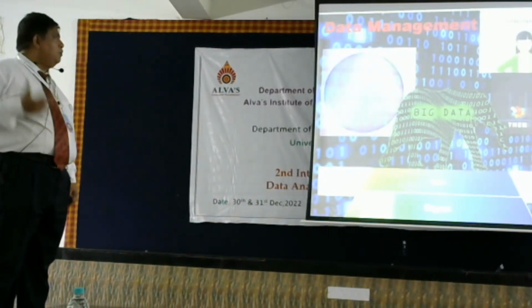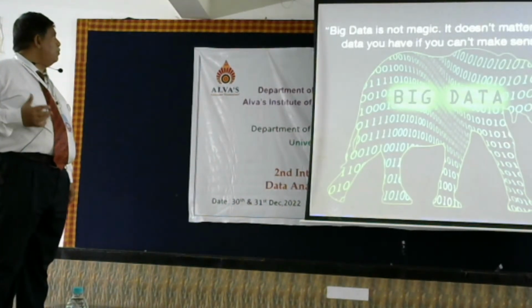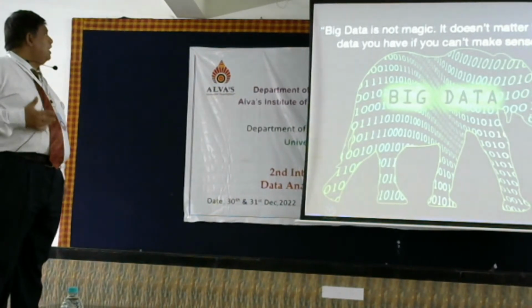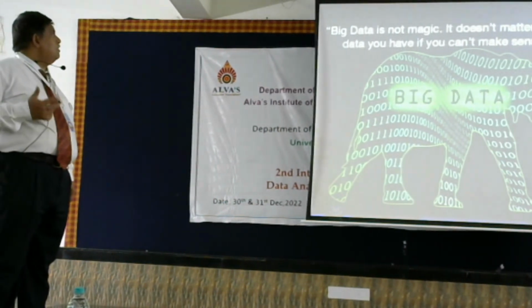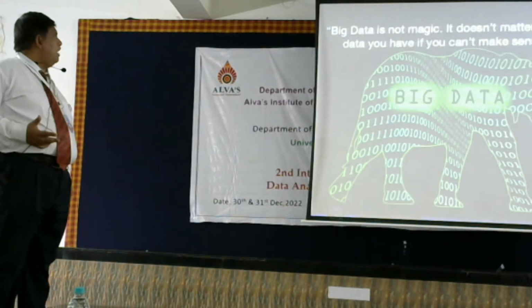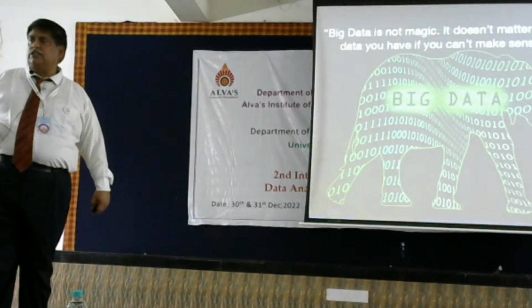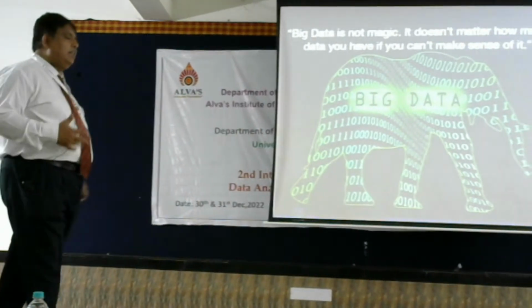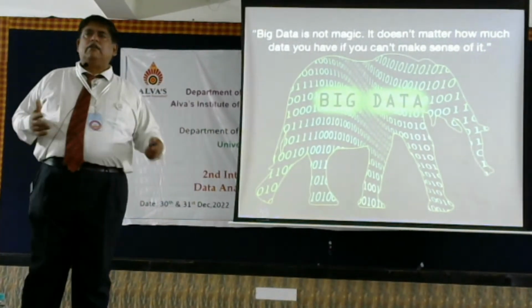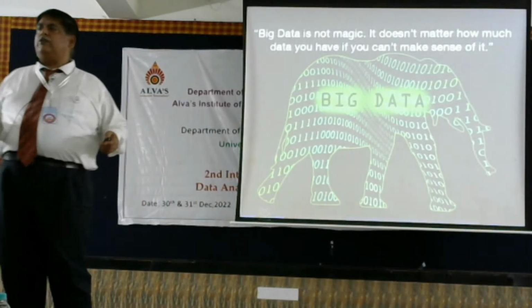So there is an outburst of data now, and one should know how to use it. So big data is not magic. It does not matter how much data you have if you can't make sense of it. So this is important. Now there is a crazy thing of collecting data. We keep collecting data and then we don't know what to do with it.